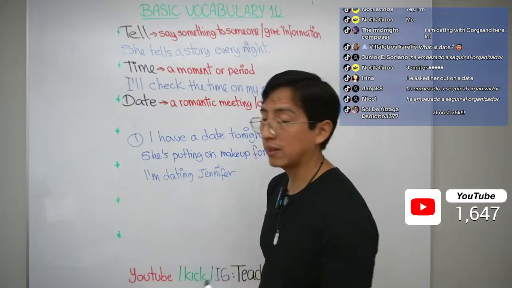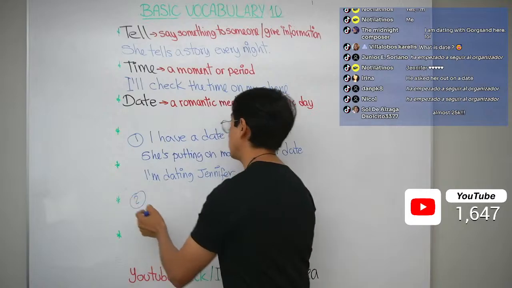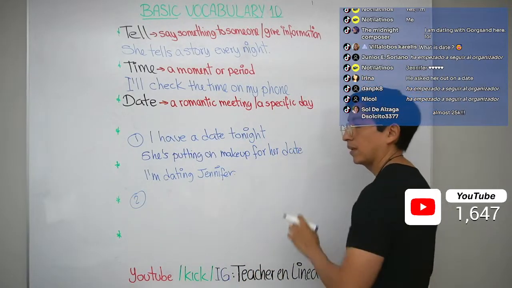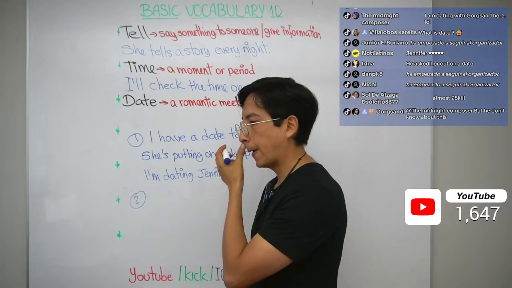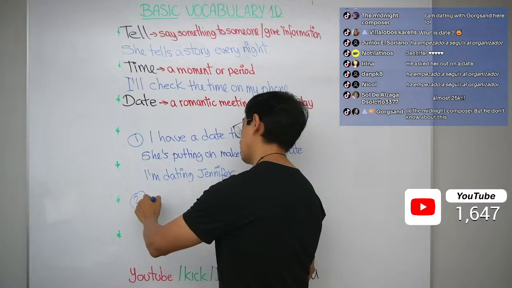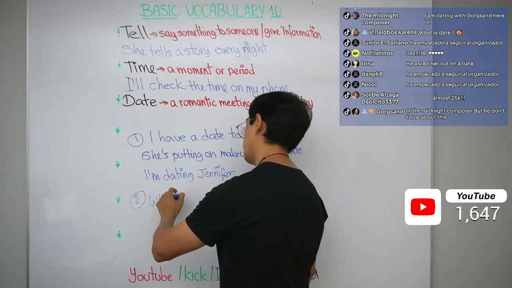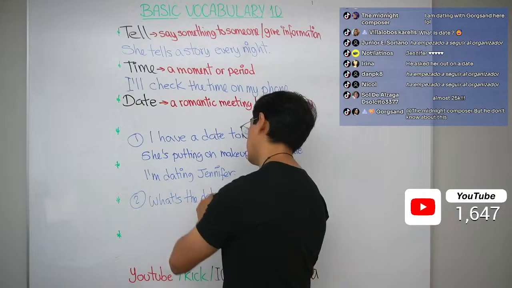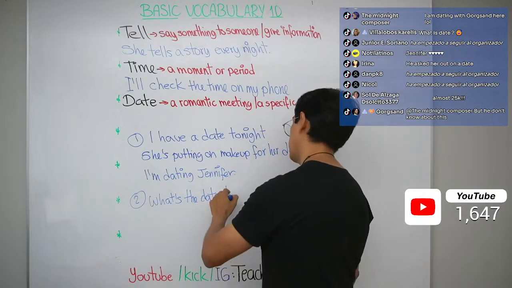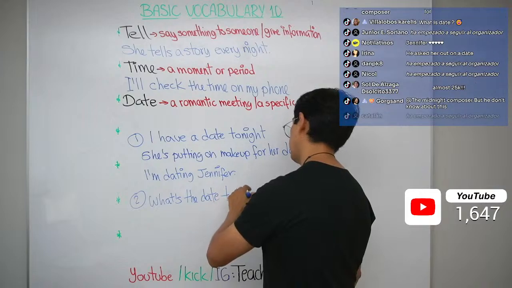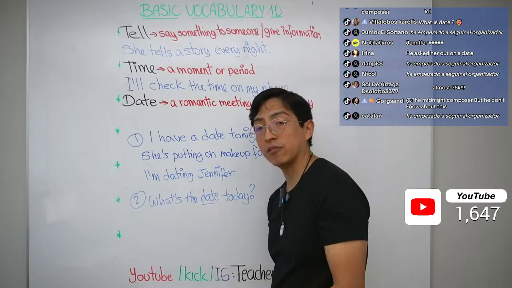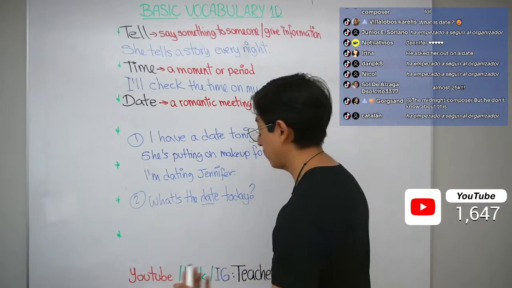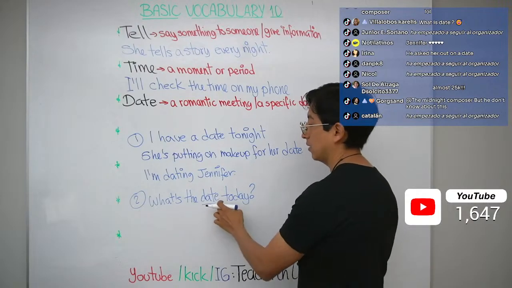Now let's continue with number two. We're talking about special date. Maybe you can say the following question. What's the date today? We're talking about the specific date. For example, what day is today, guys? What's the date?